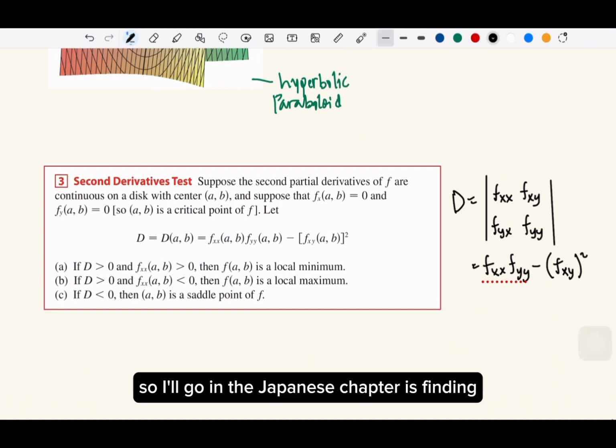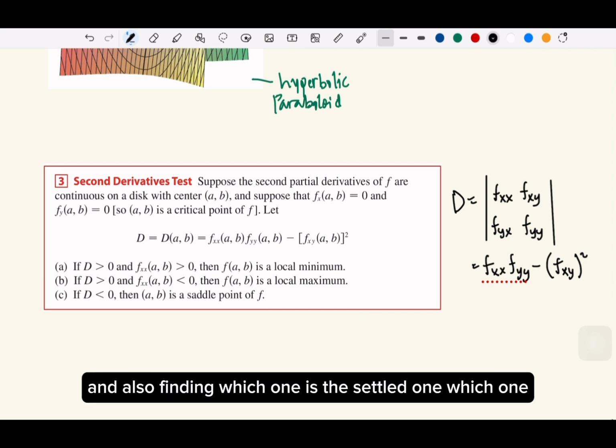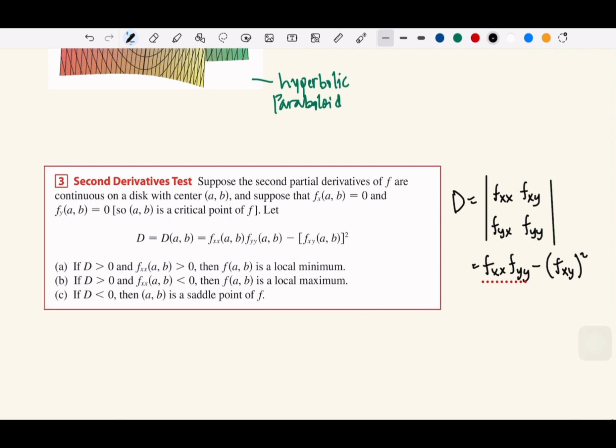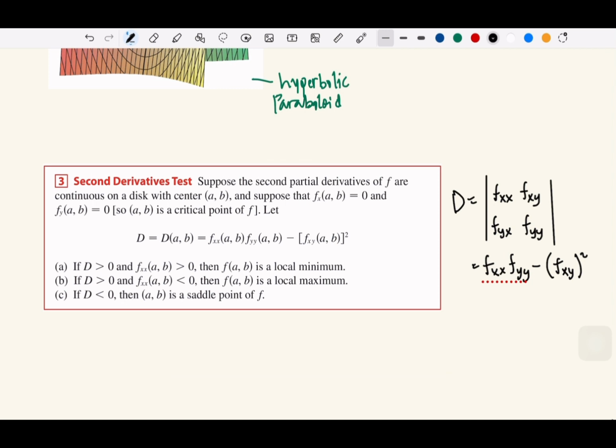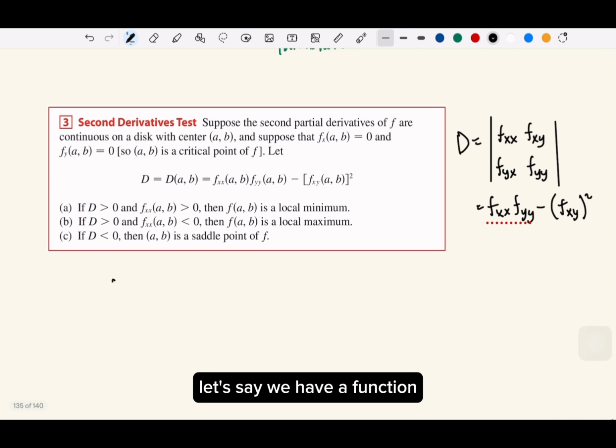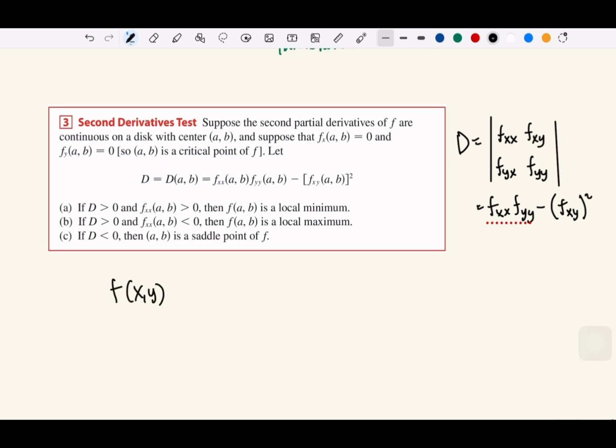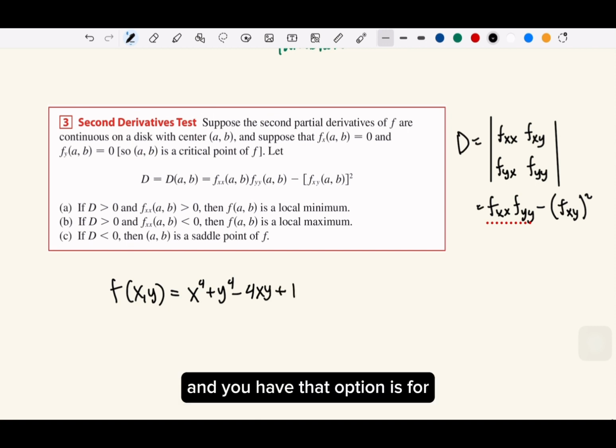Okay, so our goal in this chapter is usually finding the maximum, finding the minimum, and also finding which point is the saddle point. Okay, so let me give you an example. So let's say we have a function.